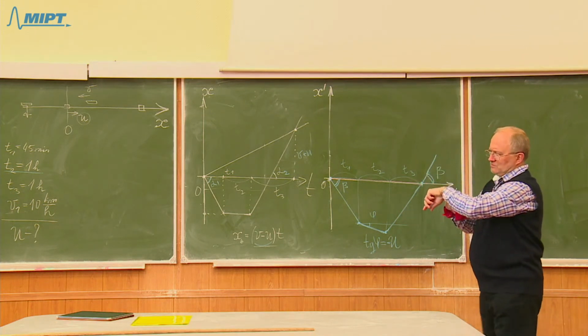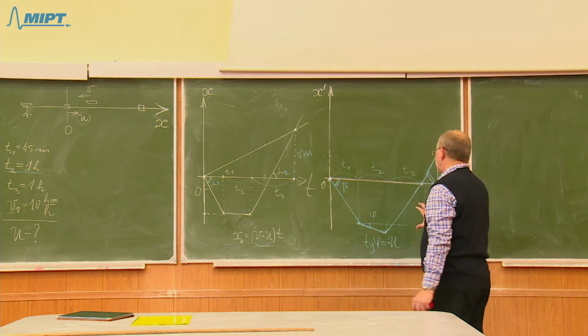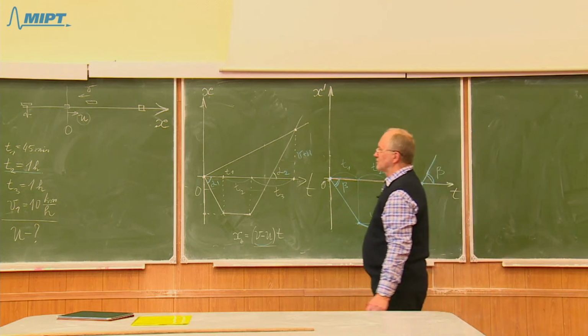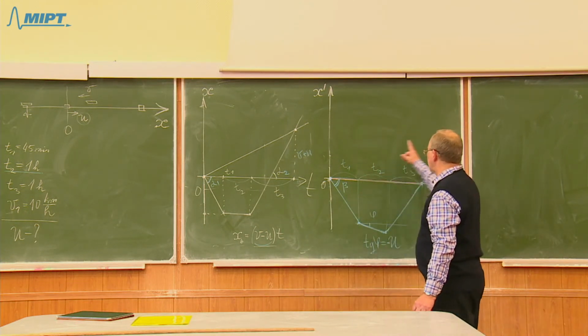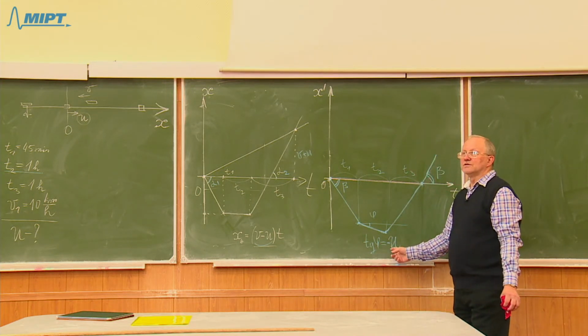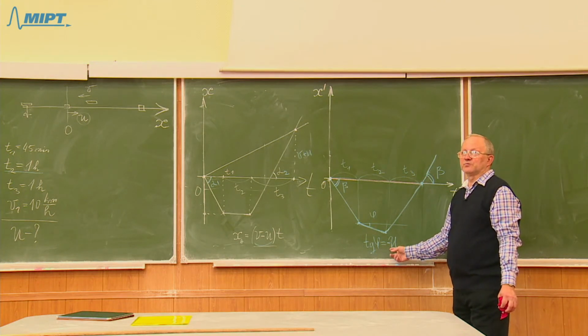Now we come close to the end of this lecture, so I would ask you to consider this graph and think how it can be used to find the unknown quantity u, the river flow speed.